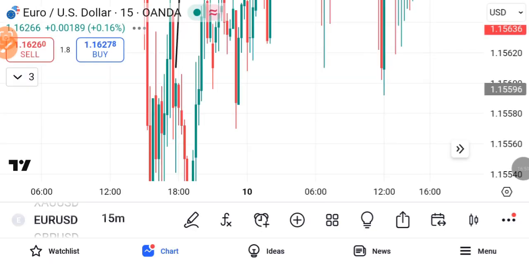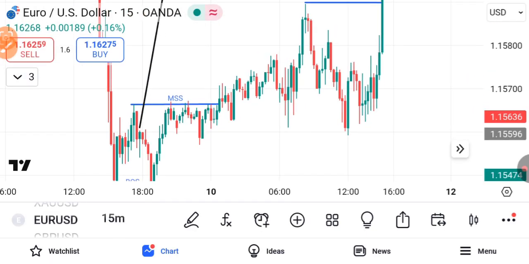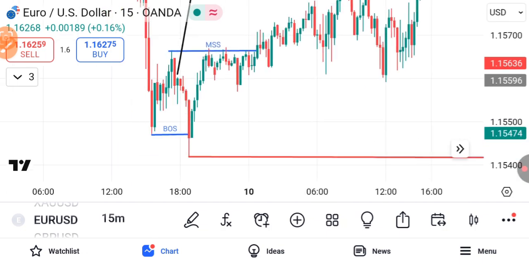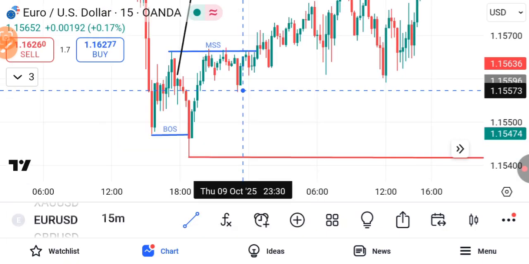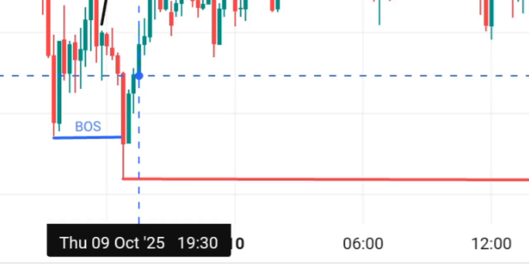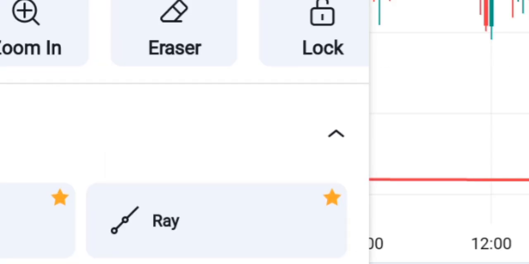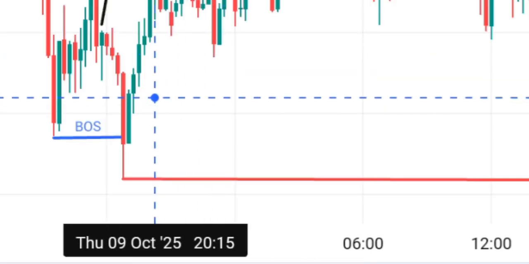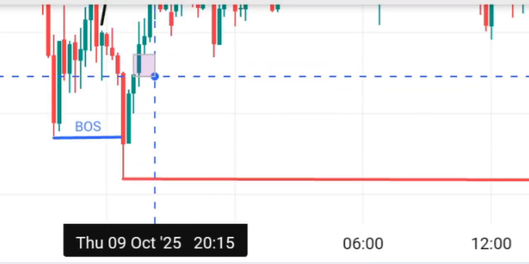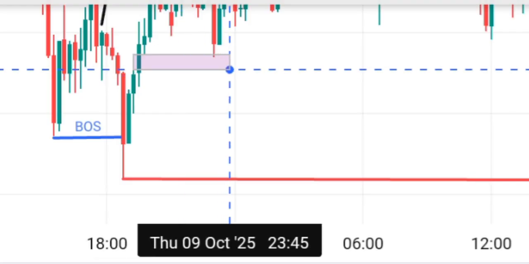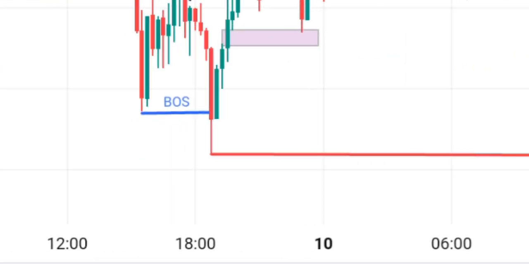Let me go into the 15-minute time frame and show you another fair value gap. There are many fair value gaps, as you can see. Right at this place, this is candlestick 1, this is 2, and this is 3. Let me zoom in for you.